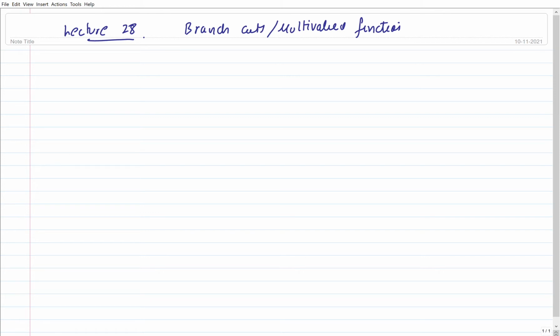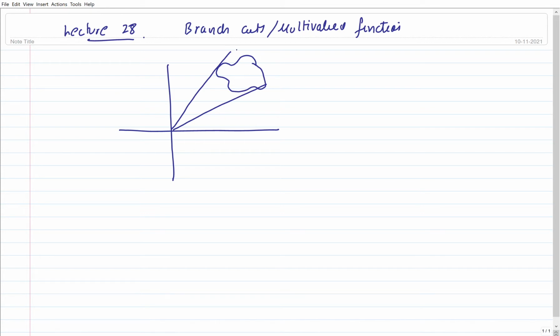So, consider a contour between these two arcs. I have a theta minimum, I have a theta maximum, and I have an R minimum, and I have an R maximum. So far so good.